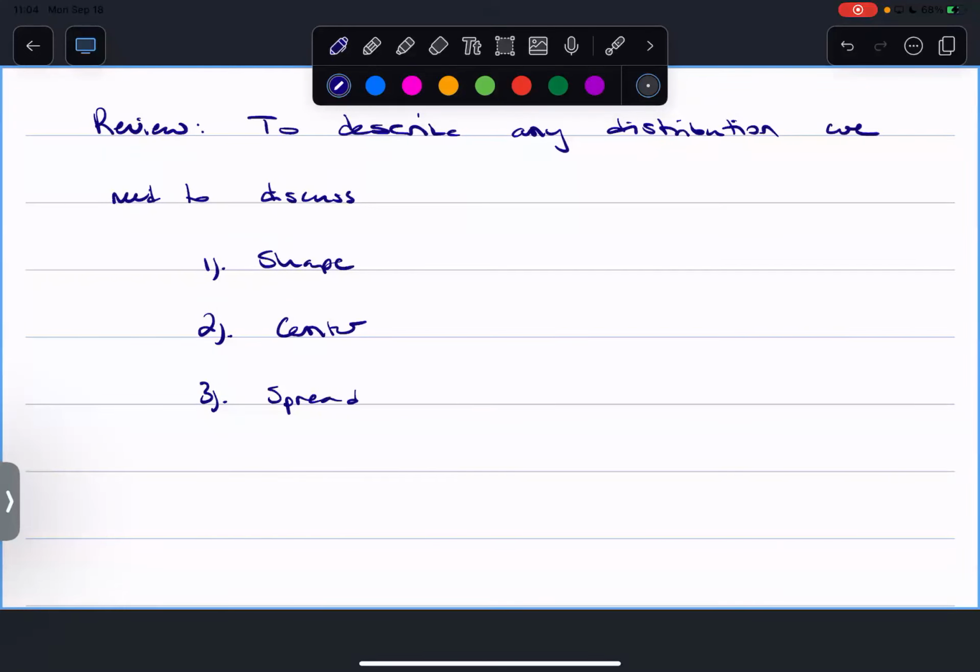In terms of the shape, first we talked about modality, right? How many modes: unimodal, bimodal, multimodal, modes being how many peaks do you have.